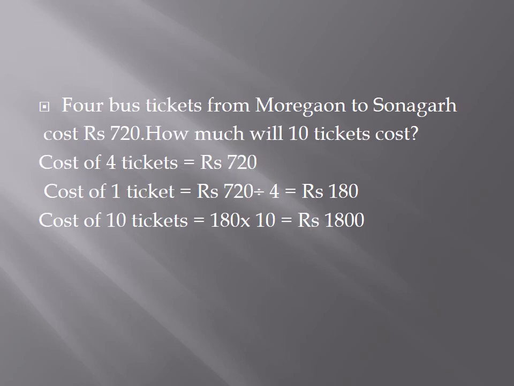Let us see one more example. 4 bus tickets from Moregaon to Sonagar cost rupees 720. How much will 10 tickets cost? The cost of 4 tickets is equal to rupees 720.